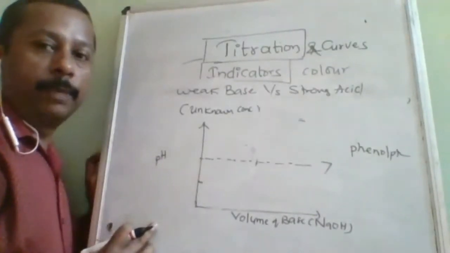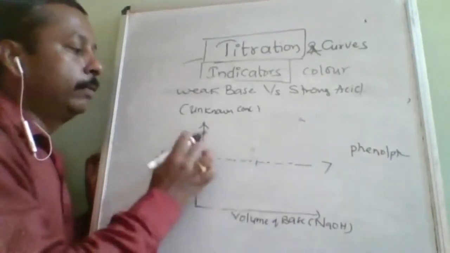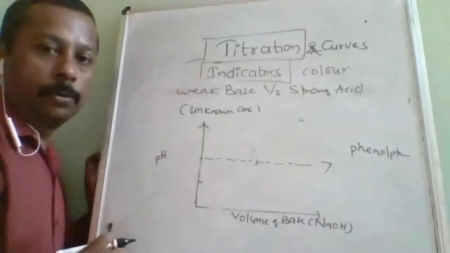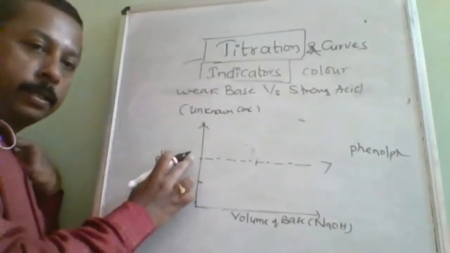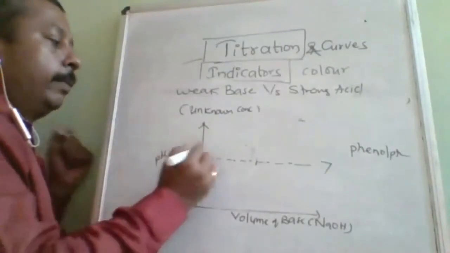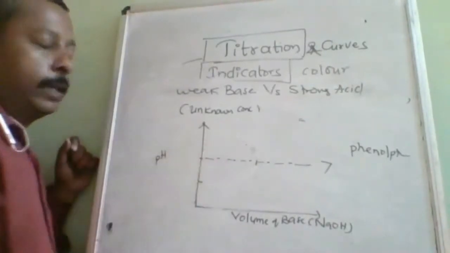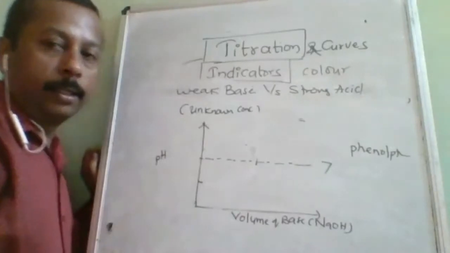The pH of the base will be above 7. But near to 7 or far from 7? It is a weak base, so it will be near to 7. Strong base means the pH will be higher. The higher the pH, the strength of the base increases and the strength of the acid decreases.